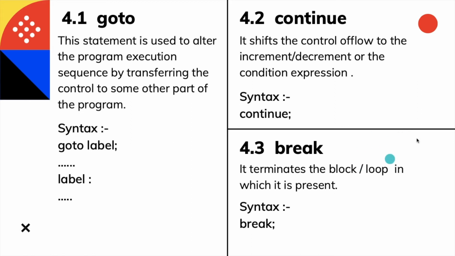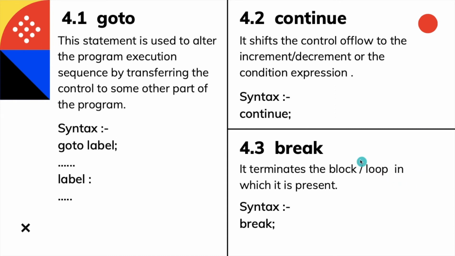Break helps us break the loop, or the particular block. We directly jump out from that block, to the very end point of the block. It just helps us to break things.